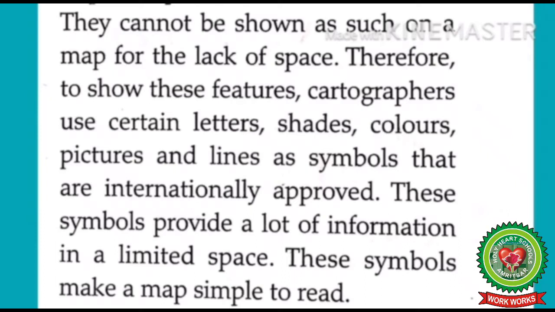Therefore, to show these features, cartographers use certain letters, shades, colors, pictures and lines as symbols that are internationally approved. These symbols provide a lot of information in a limited space. These symbols make a map simple to read.